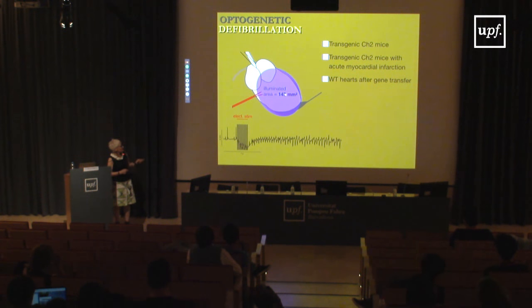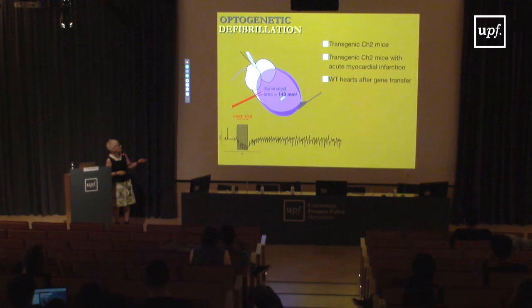What they did is they initiated arrhythmia in these mouse hearts, and they did 2 sets of experiments. In the first set, they used transgenic mice that expressed this light-sensitive protein called channelrhodopsin. They also infarcted them, so they also had structural remodeling.